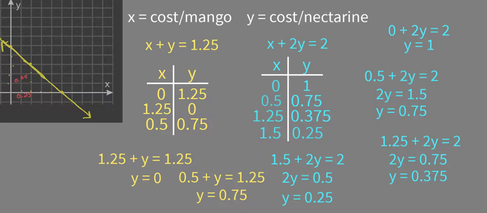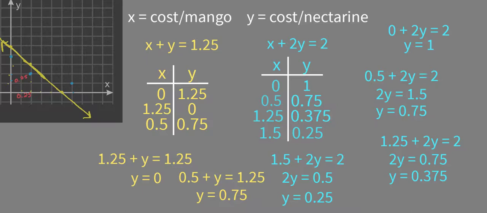So we'll go to 0, 1. 0.5, 0.75 is right here. And then we'll skip to 1.5, 0.25. So 4 tick marks is 1, then there's 1.25, and then 1.5, and up to 0.25.